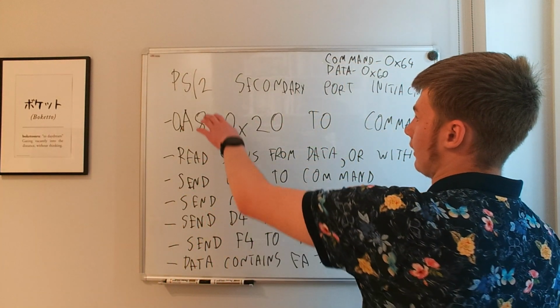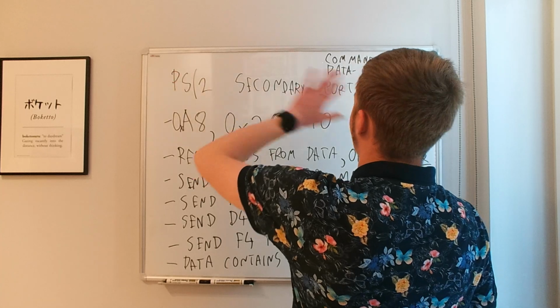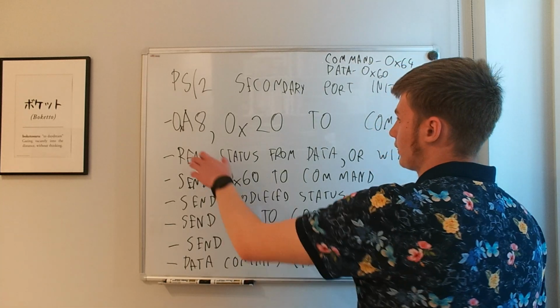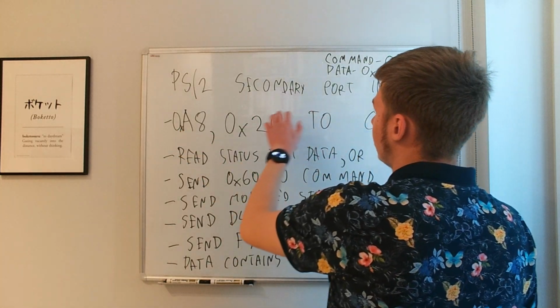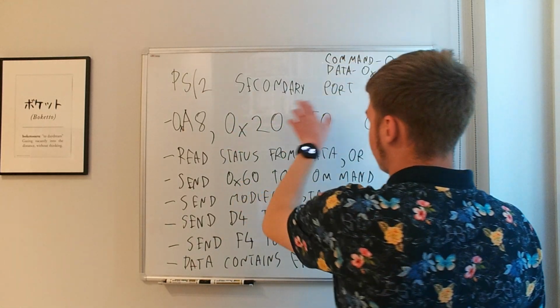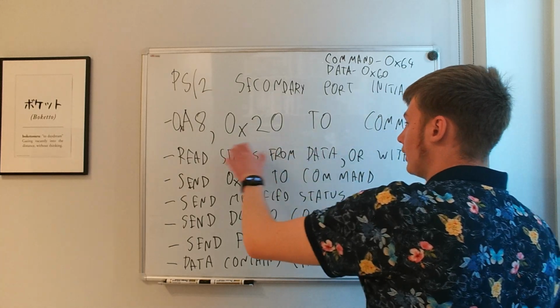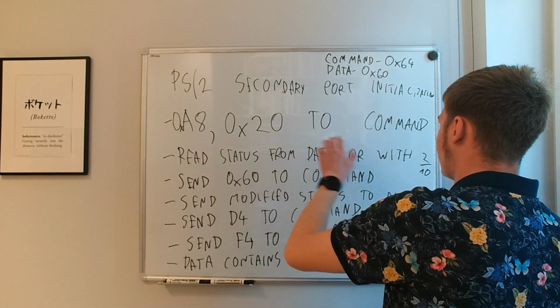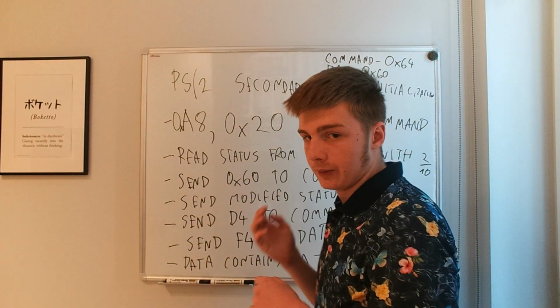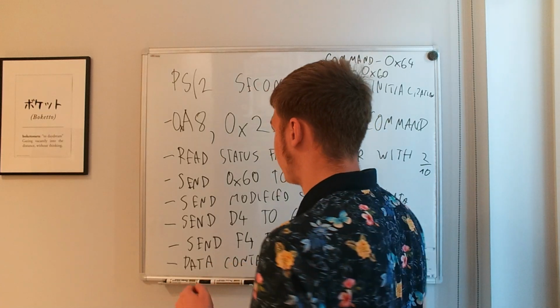So again, in order to properly initialize the PS2 secondary port for our purposes, we first send a command that we want to do something with the secondary PS2 port, and then we want to get the status. We read the status from the data port, and we change one bit, which will be necessary for enabling the port.